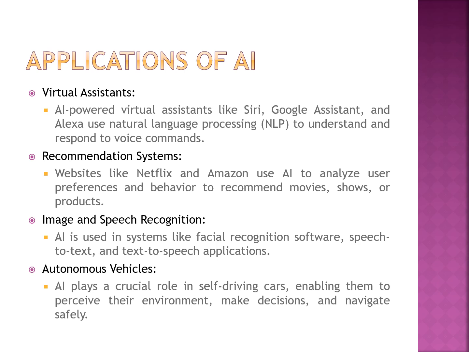And recommender systems also use AI. For example, Amazon, Google, and Facebook. Amazon uses a recommender system to recommend products to the users, and also recommend movies and shows to the users.